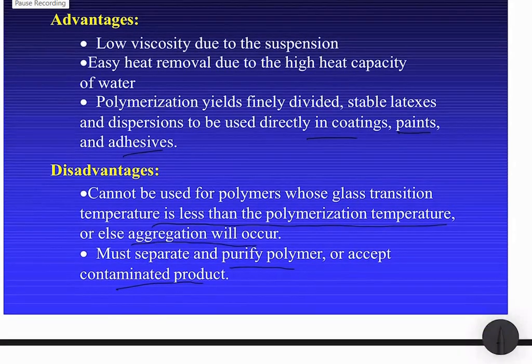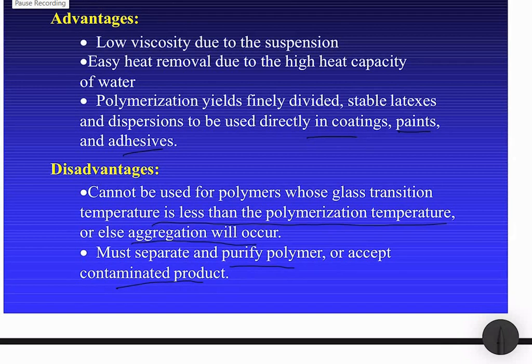Now, there can be some disadvantages in spite of so many advantages in this suspension polymerization technique. This technique cannot be used for polymers whose glass transition temperature is less than the polymerization temperature.